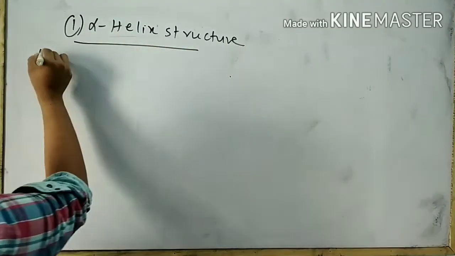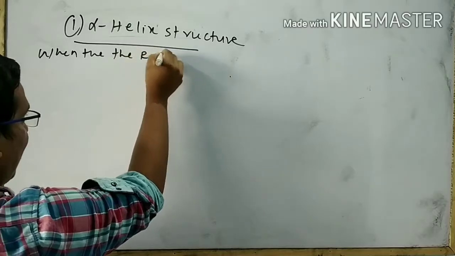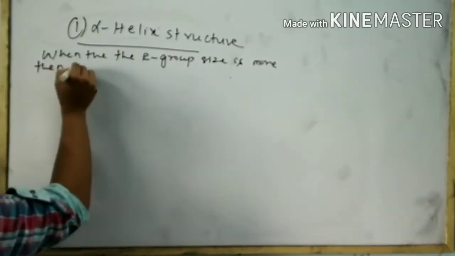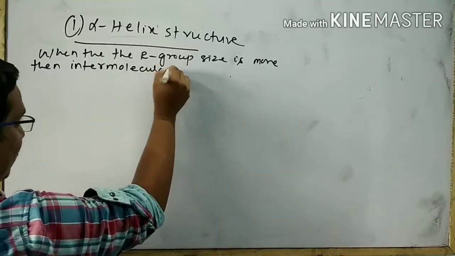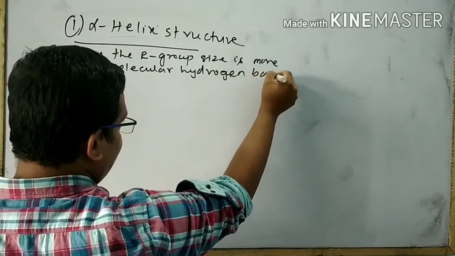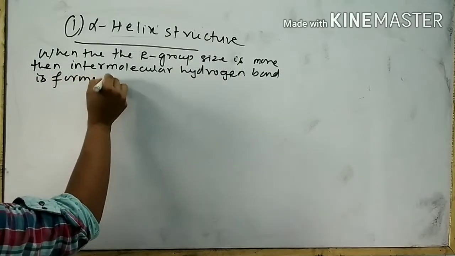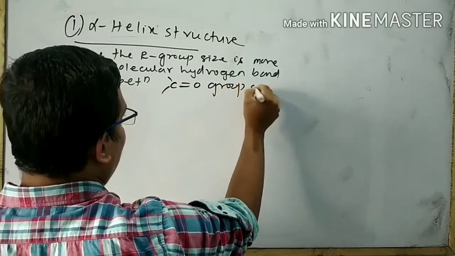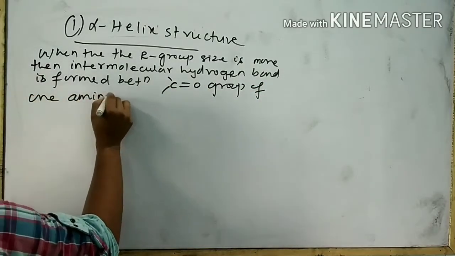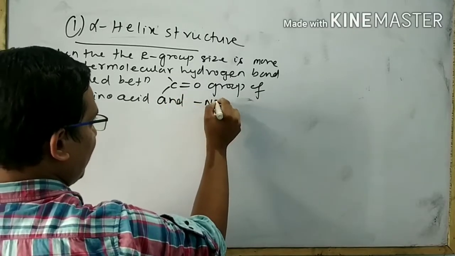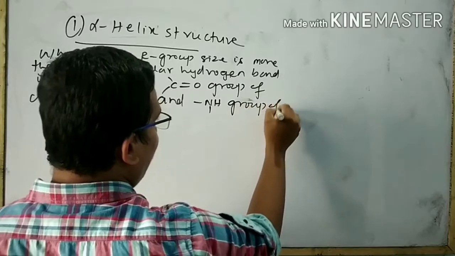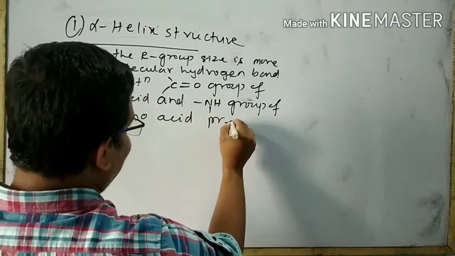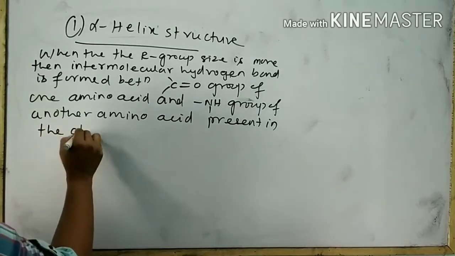So we can write, when the R group size is more, intermolecular hydrogen bond is formed between the C=O group of one amino acid and the N-H group of another amino acid present in the chain.